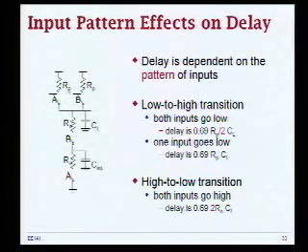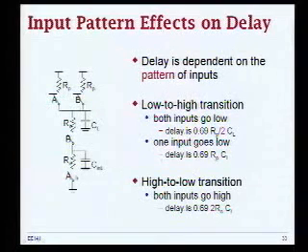For the PMOS, you can have only one PMOS pulling up, or you can have both PMOSs pulling up, in which case you complete your transition twice as fast, because you have a parallel combination of the two resistors. Your time constant is RP over 2 times CL. If only one input goes low, then you have 0.69 RP times CL.